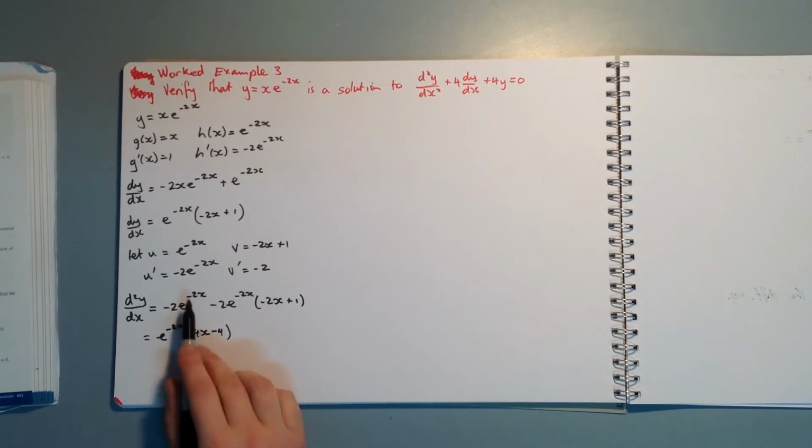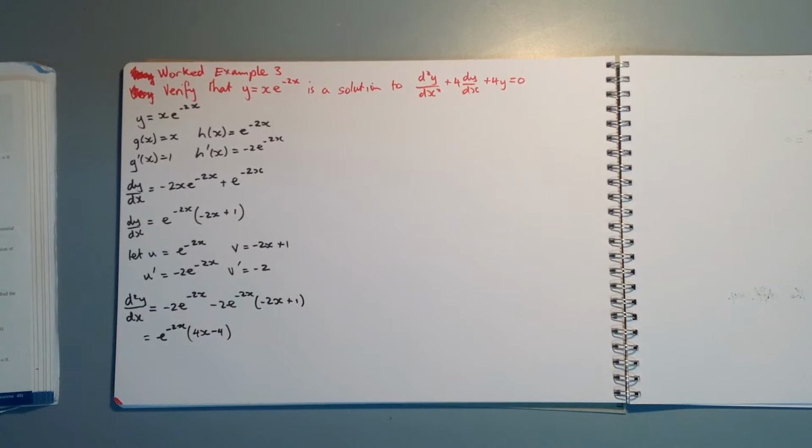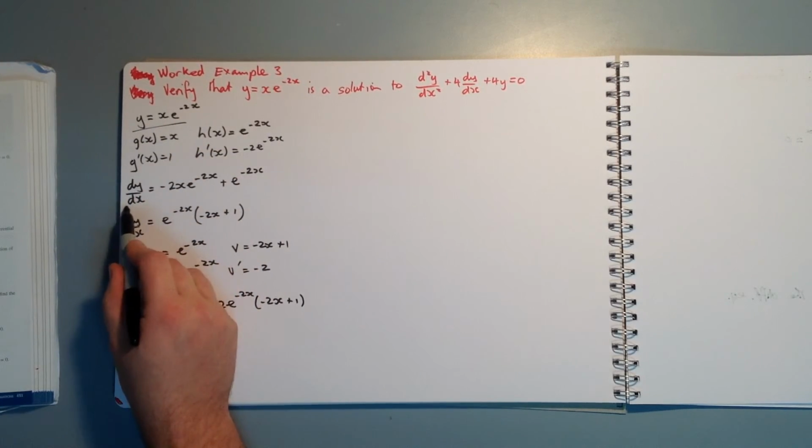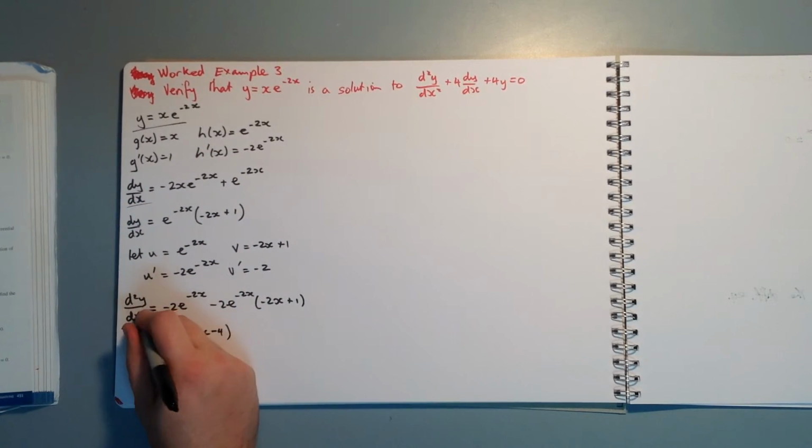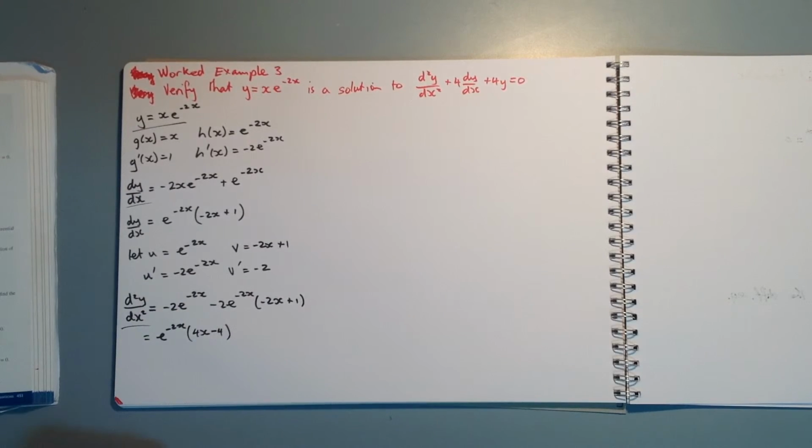If we bring our e to the negative 2x out, we end up with that. So now we have all our parts: our y, our dy dx, and our d squared y on dx squared.